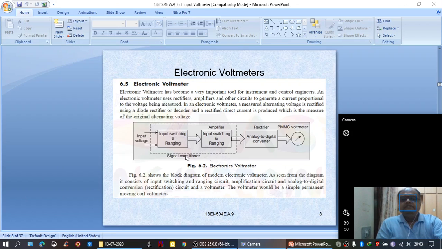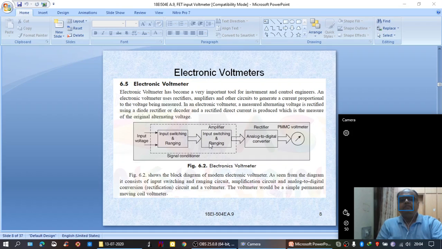Here, this is the block diagram type arrangement. Input voltage is applied to switching and ranging circuitry. Then that is given to another switching and ranging circuitry. The first one might be an attenuator, the second one might be an amplifier, or vice versa.